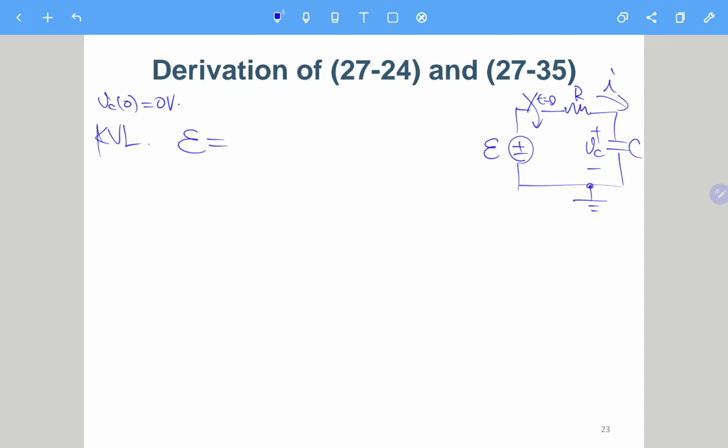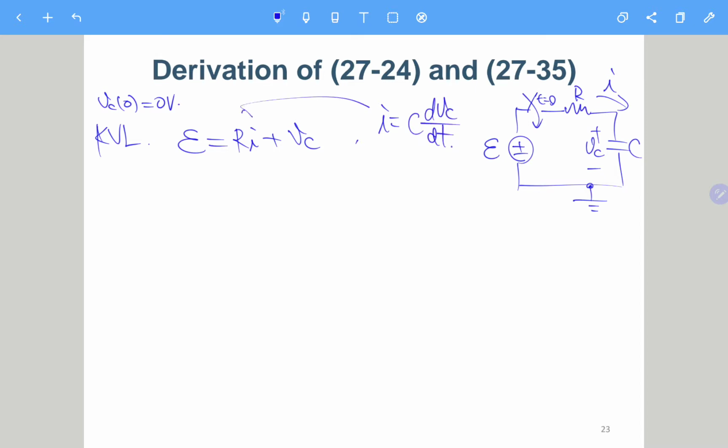So here we have R times I for the voltage drop of this resistor, and then the voltage drop here is VC, and actually this I should be C dVc/dt.